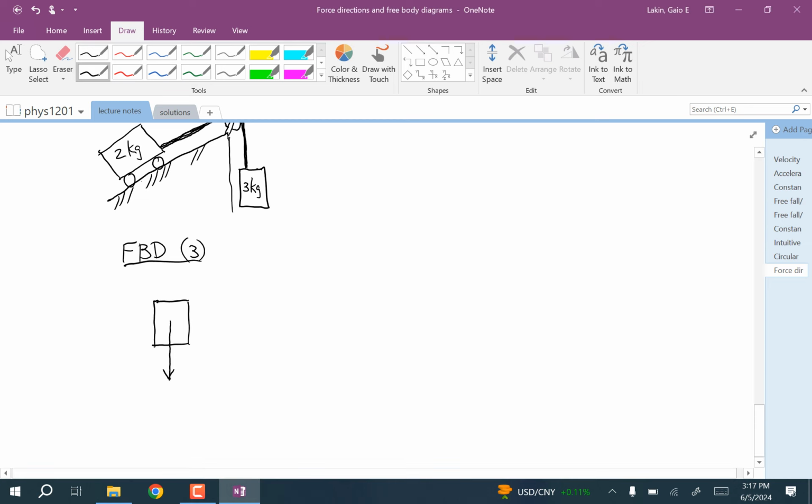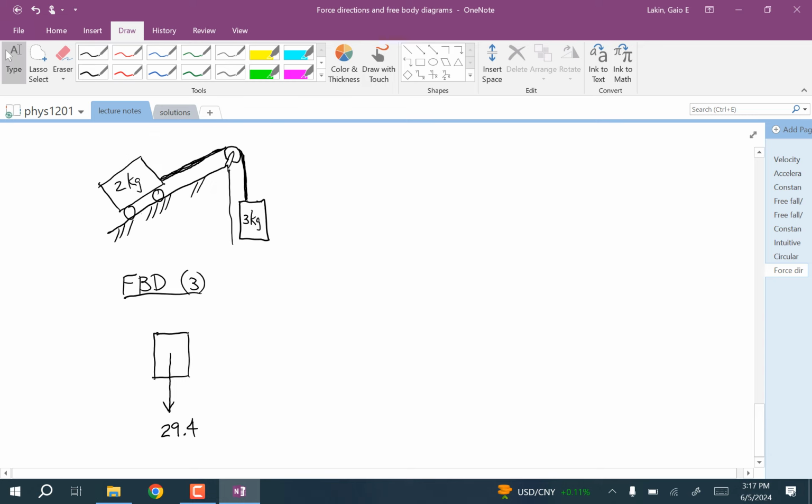So the weight is 29.4 newtons. And the only other place. You can just look at the body and look for anything else that's touching the chosen body. The only other thing that's touching the chosen body is this cable.